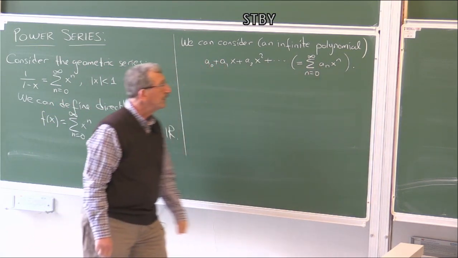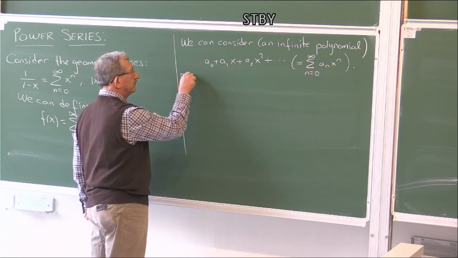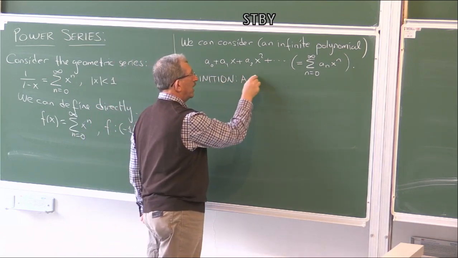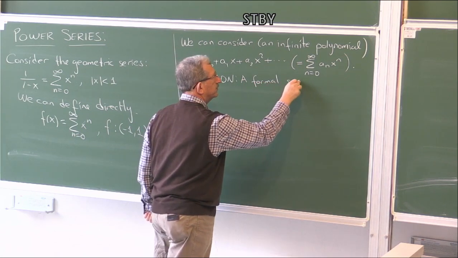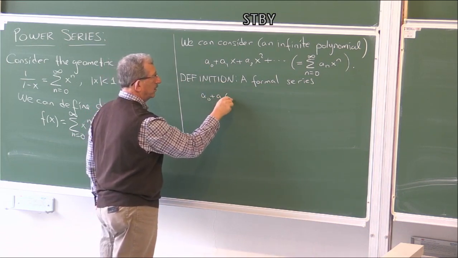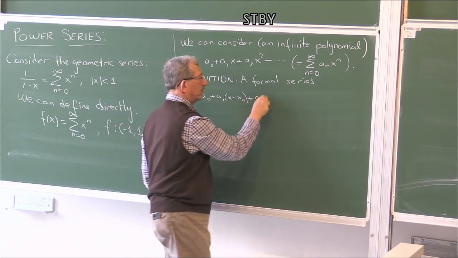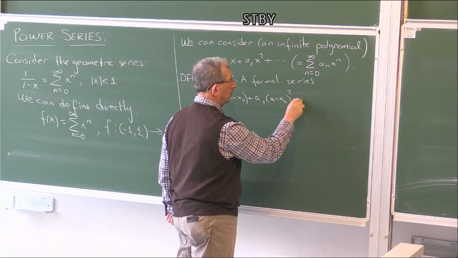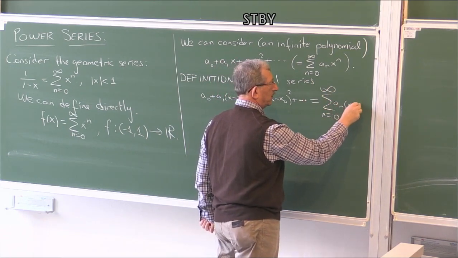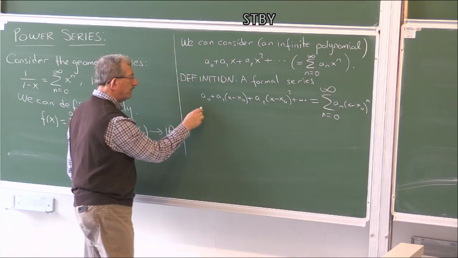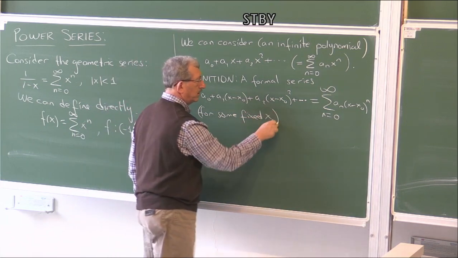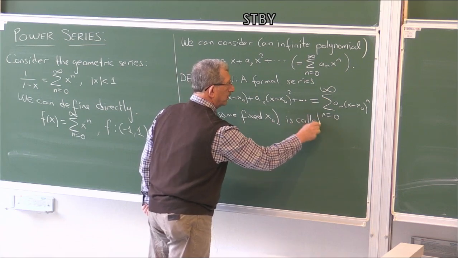So the domain of a function defined by such an infinite sum could differ depending basically on the coefficients an. So our formal definition would be the following. A formal series of the form, for some fixed x0, is called a power series.